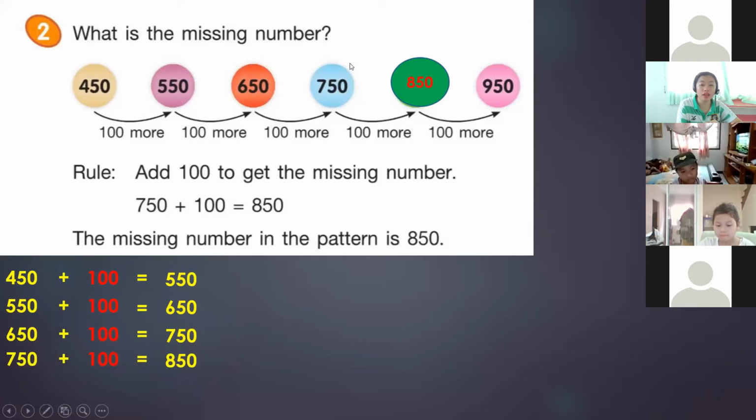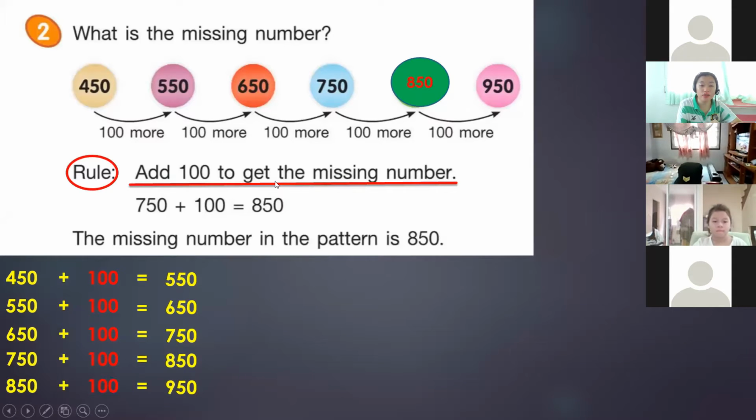So the missing number here is 850. Why? Because if we add 100 to 750, it is equal to 850. And 850 plus 100 is equal to 950. So we have the rule: add 100 to get the missing number.